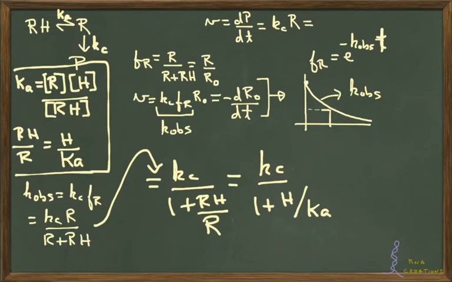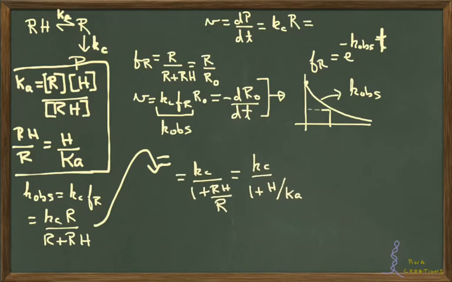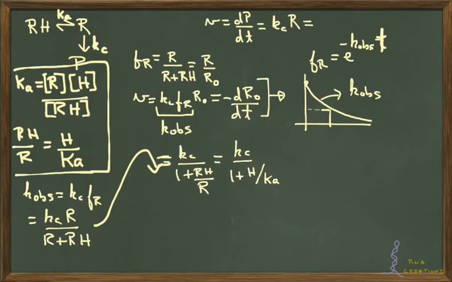And in a sense I'm done, but it's nice to have pH and not just H. So there's a trick that I like to use, and just write down the definition of pH.